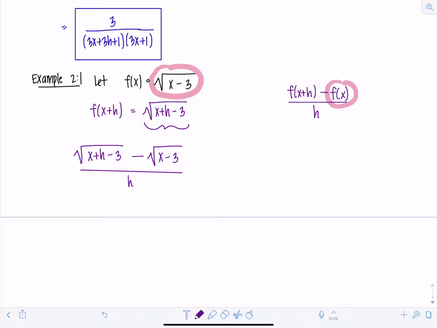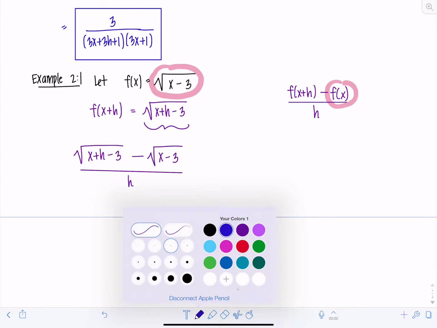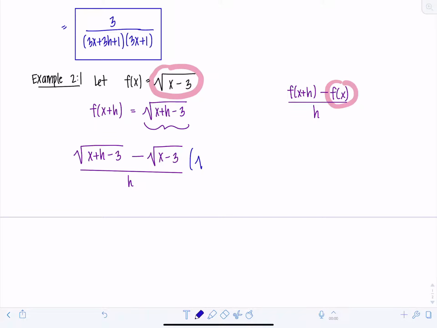Now, typically when you're evaluating the difference quotient and trying to simplify it and your function has a radical, you want to multiply by the conjugate. So the conjugate of the numerator is going to be equal to the square root of x plus h minus 3 plus the square root of x minus 3.